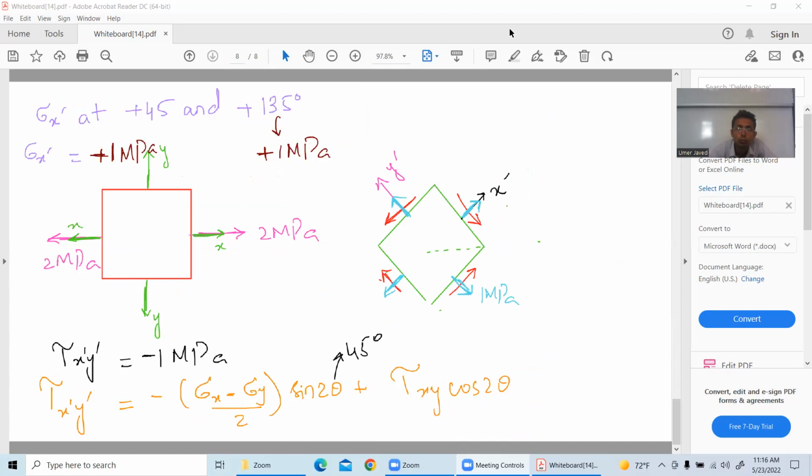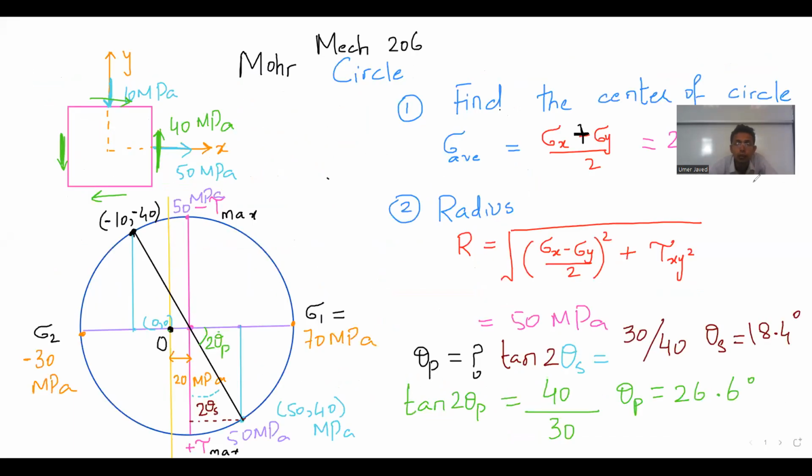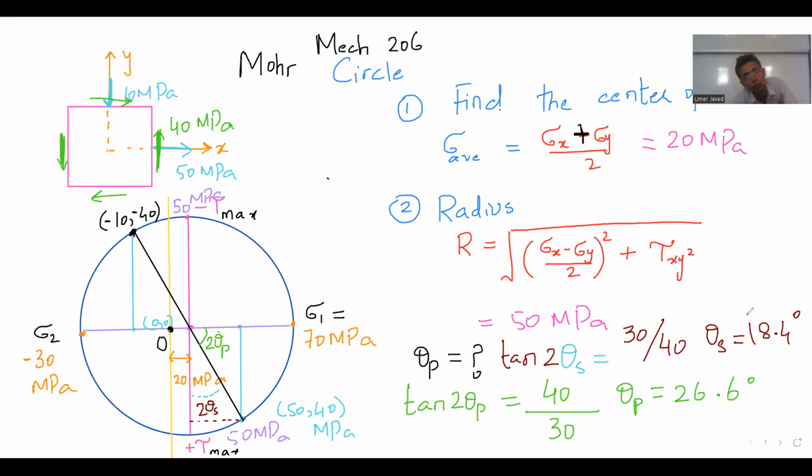So, minus (stress x minus stress y) divided by 2 tau xy. The stress x is 50, stress y is negative 10. And the value of tau xy is 40. Stress x is 50.